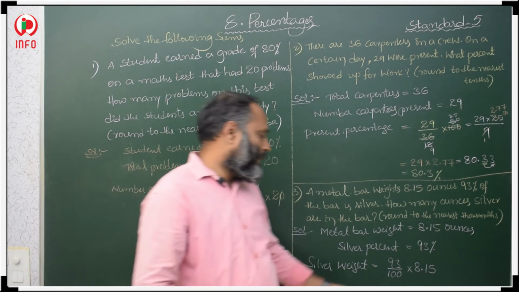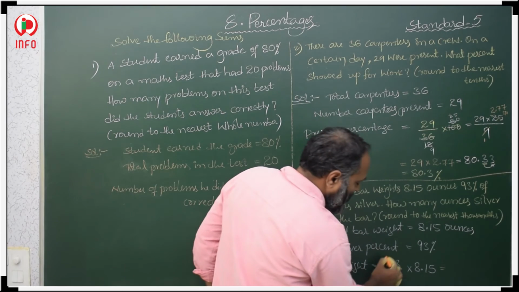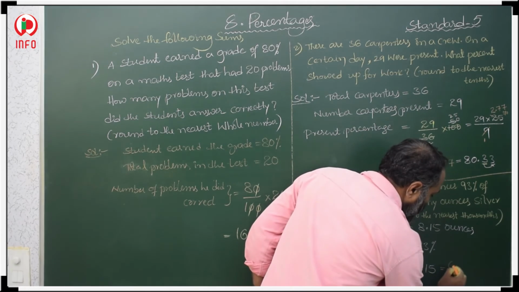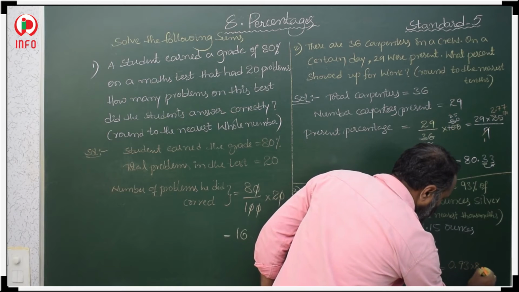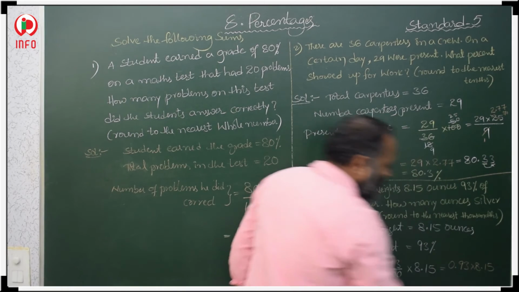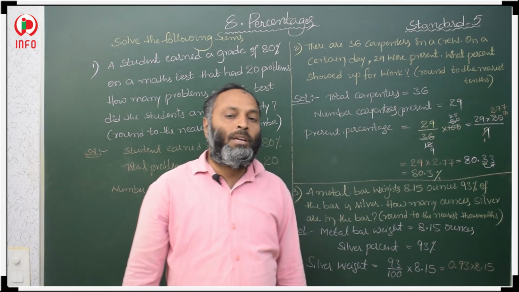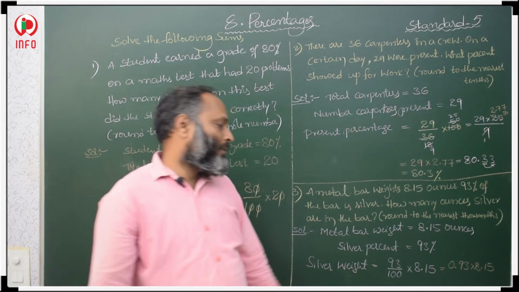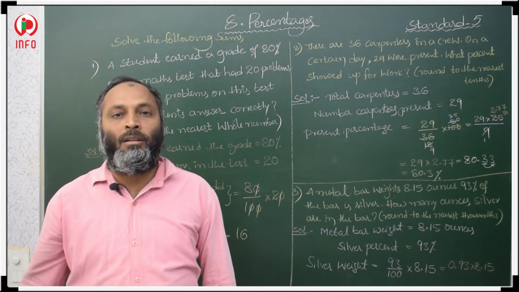When you divide 93 by 100, you will get, after moving 2 decimal places from right to left, 0.93 into 8.15. Now we have to multiply 0.93 into 8.15.